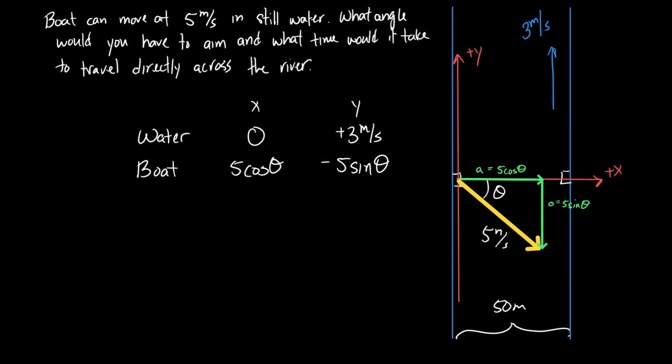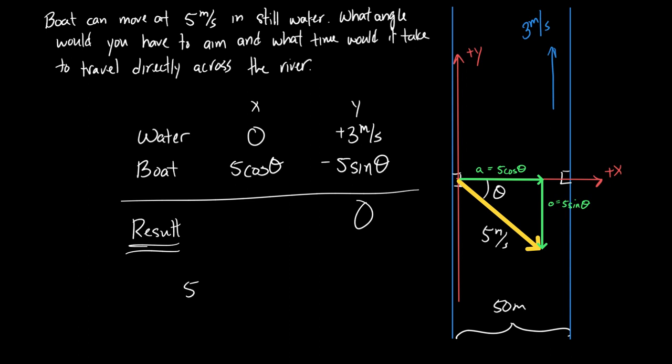Methodical, procedural. I need the resulting velocity to have no component in the y direction. Right? That has to be true. For the boat to go directly across the river, I need the y components of the velocities to cancel out. That seems like a pathway to find the angle, doesn't it?